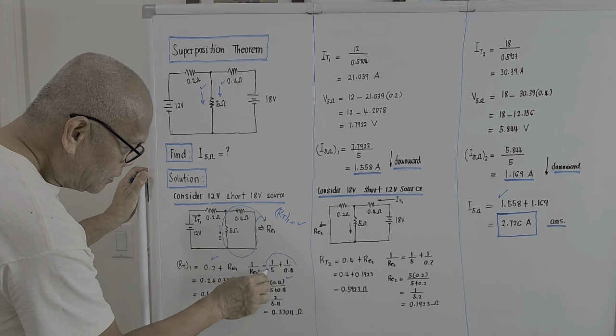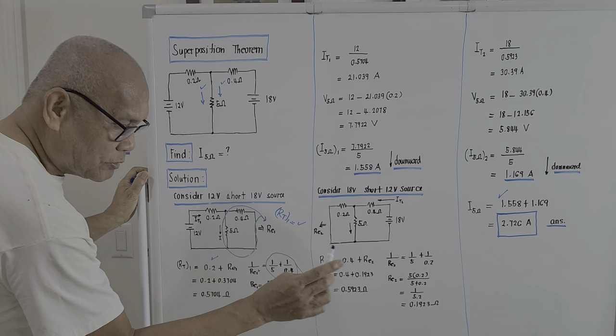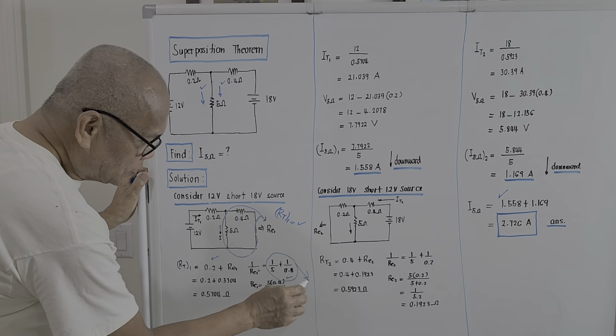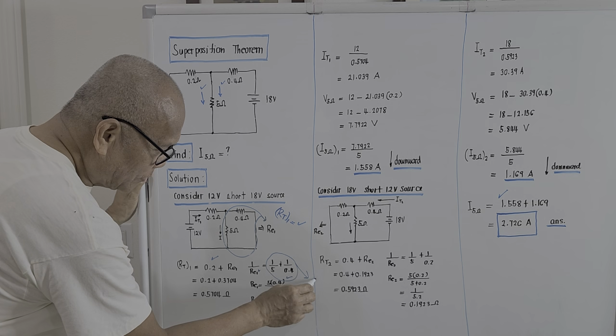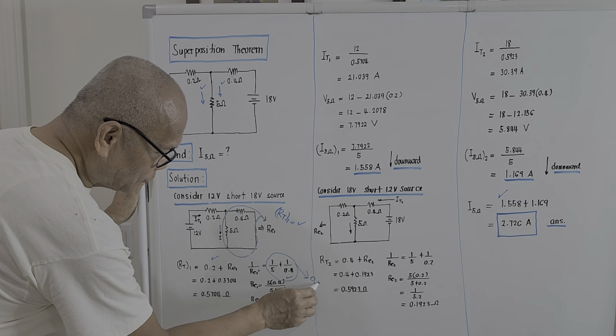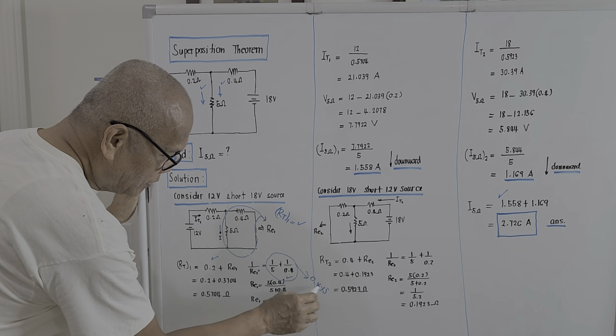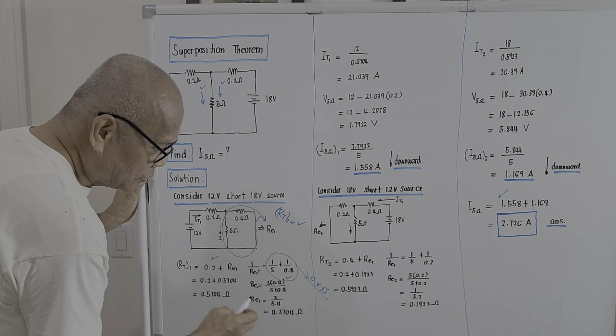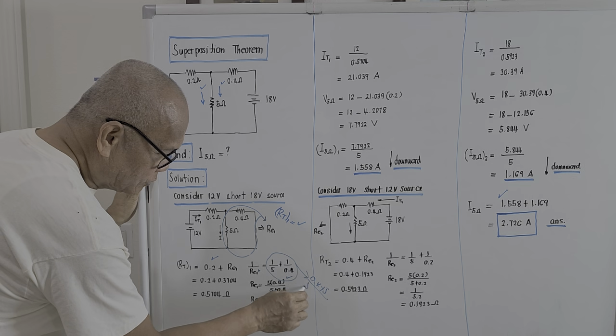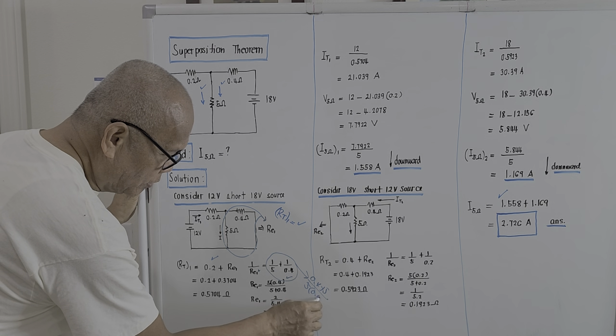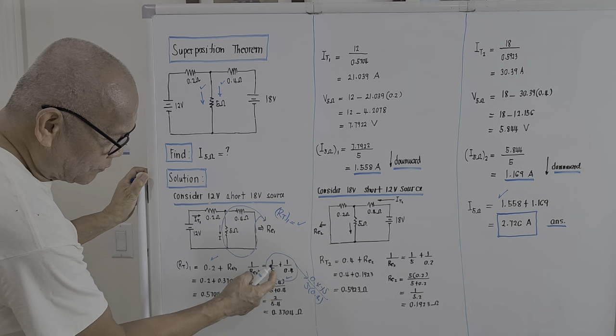Here we are adding two fractions with different denominators. The numerator will be 1 times 0.4, which is 0.4, plus 5 times 1, which is 5, and the resulting denominator will be the product, 5 times 0.4. That's the simplification of this.